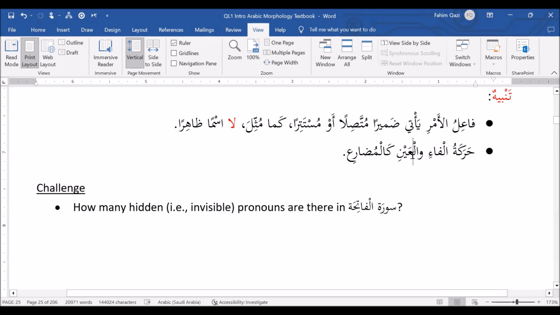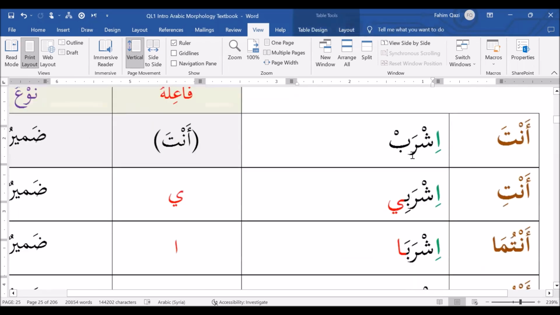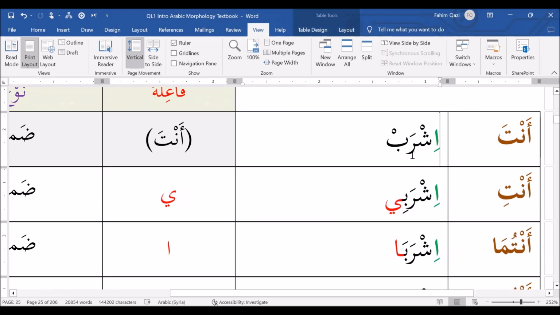So what does that mean? What that means is if you look at the haraka of the first root letter of this amr, it's sukoon. And this is the same for mudari. You will see that the sheen of mudari, or the fa, which is the first root letter, also has a sukoon.